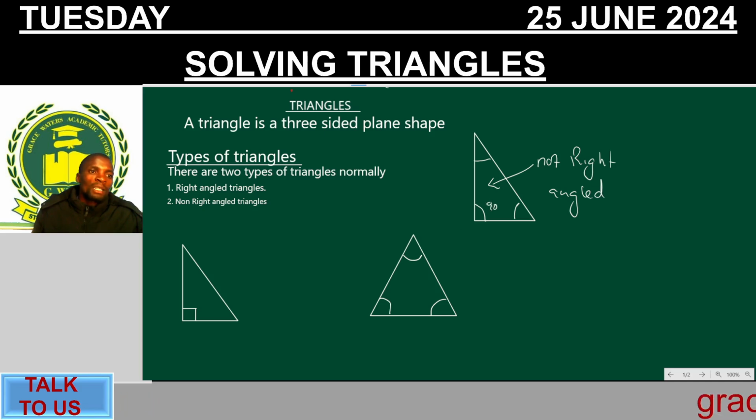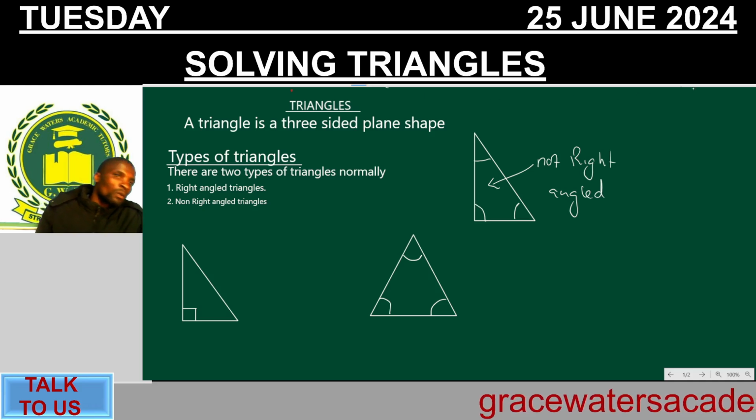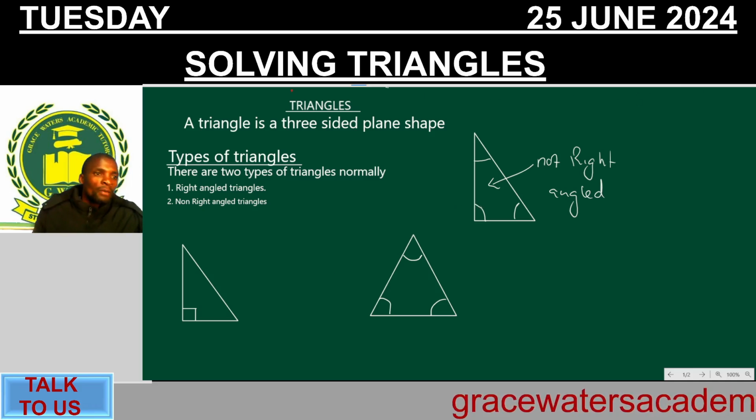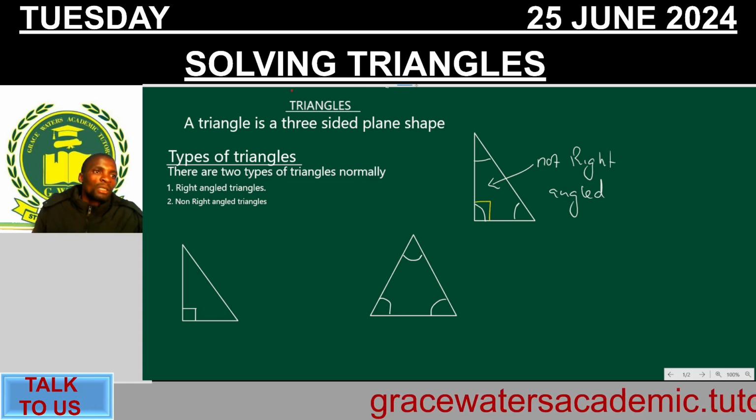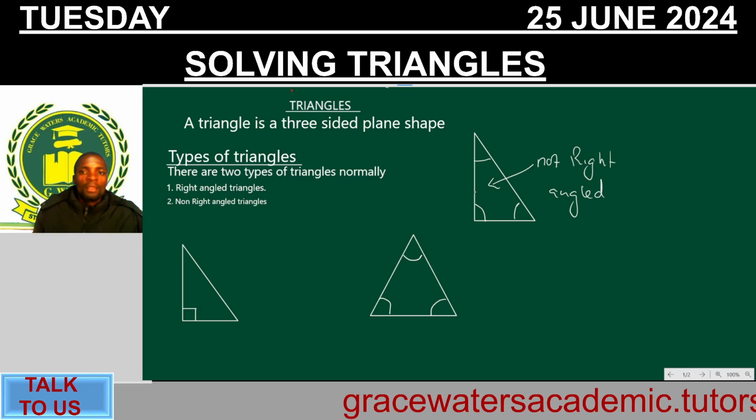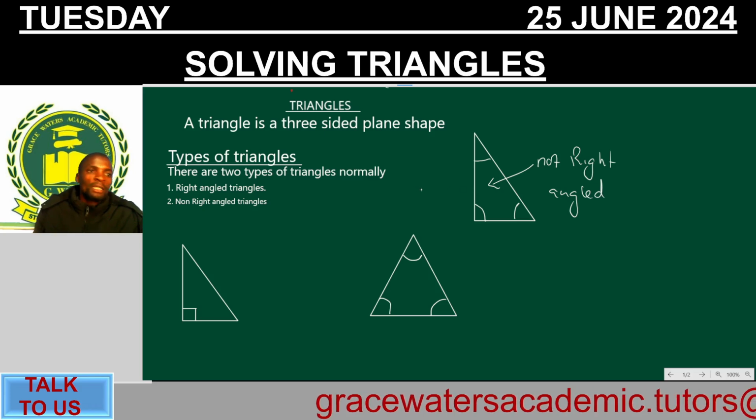If it is not marked 90, then it's not a right angled triangle, because it might be 91 degrees, 92 degrees. When you look at it, it looks like a right angled triangle, but this angle is not four cornered. If it was four cornered like this, we would say it's a right angled triangle, but because it is curved, it means it's a non-right angled triangle.